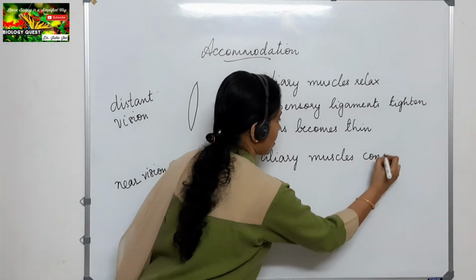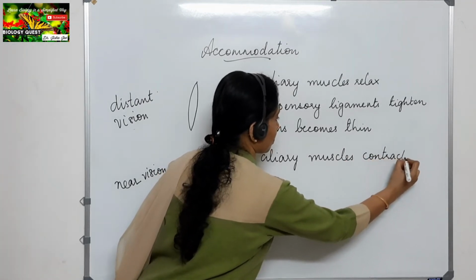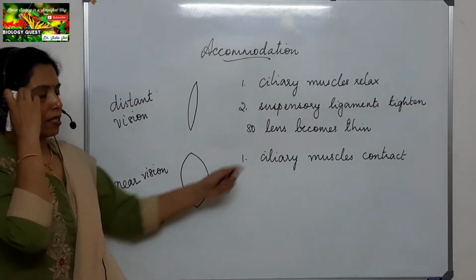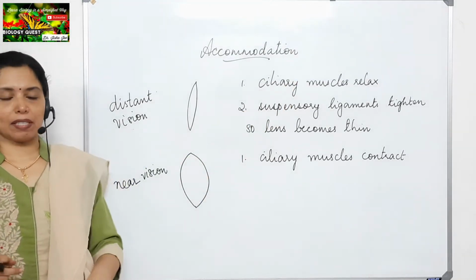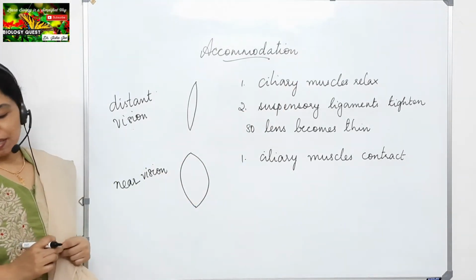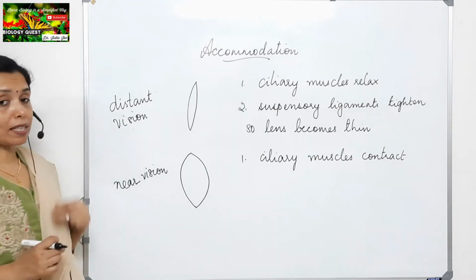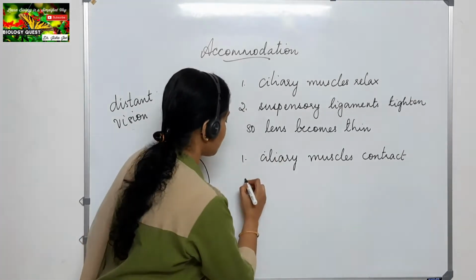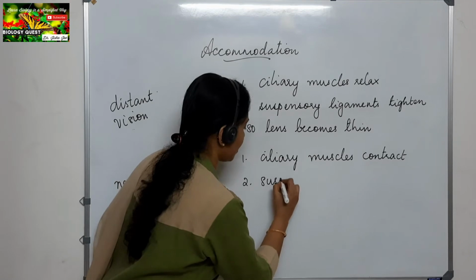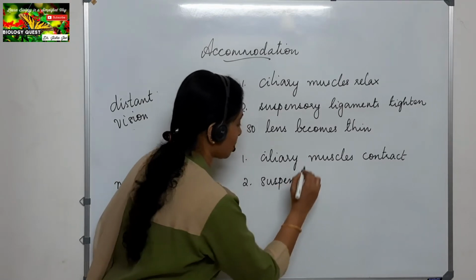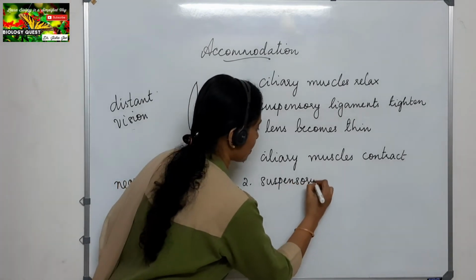Ciliary muscles contract. Okay, so it is just the opposite of what is happening in the first case. Here the ciliary muscles contract. And what happens to the suspensory ligaments? The suspensory ligaments relax.